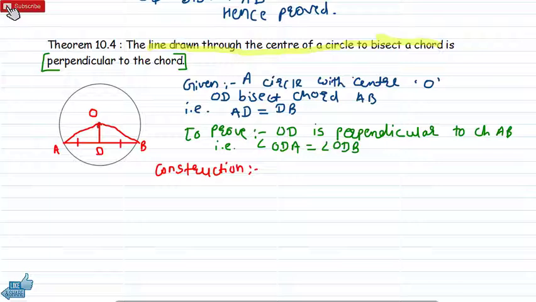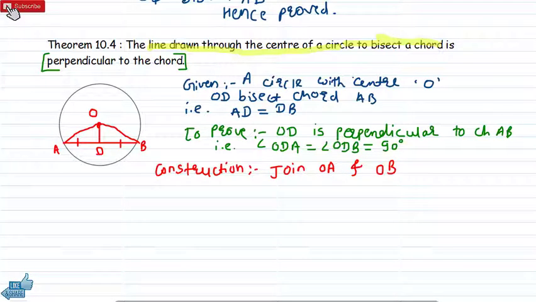But here we have to show the angles are equal, as well as that they are 90 degrees. Sorry, I forgot to write 90 degrees here. So equal to 90 degrees. Now the construction is very simple in front of you, that is, join OA and OB.